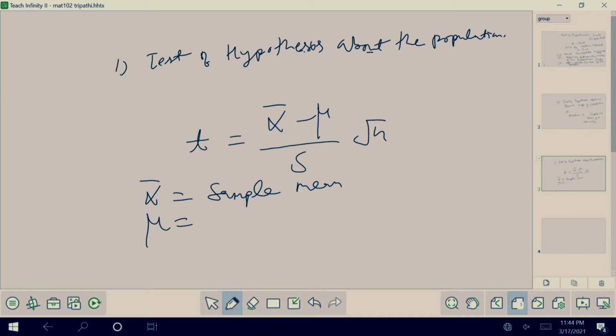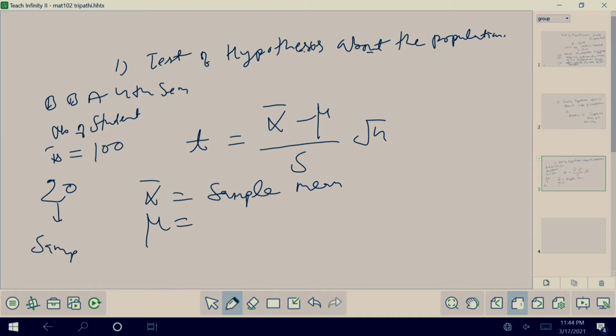Suppose I am going to do research on BBA 4th semester, and the number of students is suppose 100. Now, this 100 is population and we are going to study 20 students. This is sample, and the total number of students in BBA 4th, 100, is population.